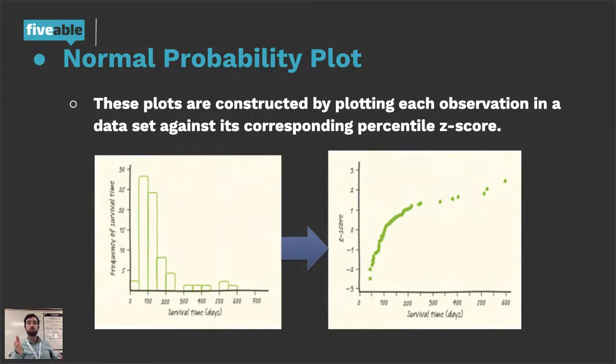So these plots are constructed by plotting each observation in the data against its corresponding percentile z-score. So your percentile and your z-score are plotted along with your score. We can see from this histogram that our distribution is not normal.